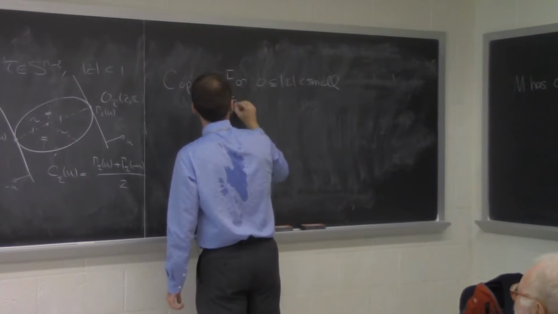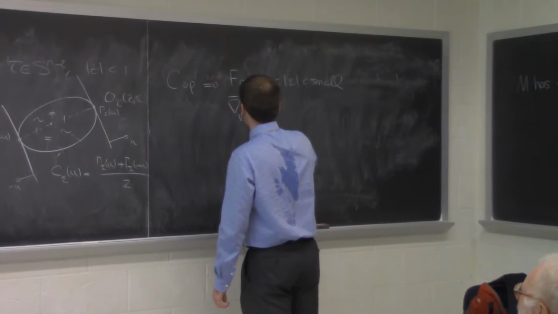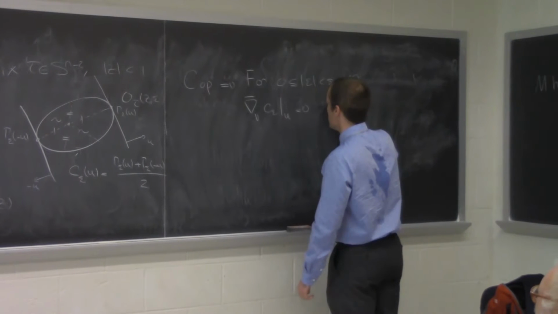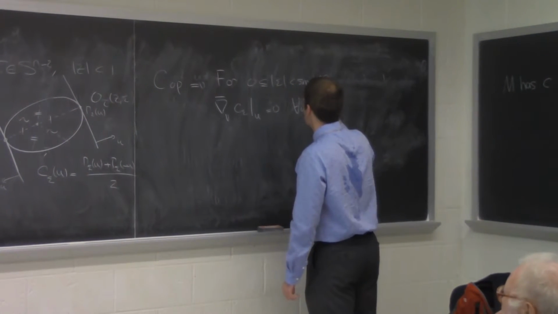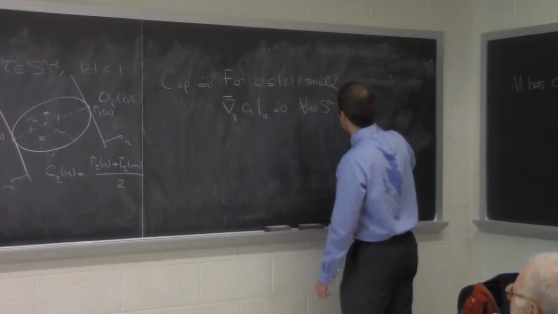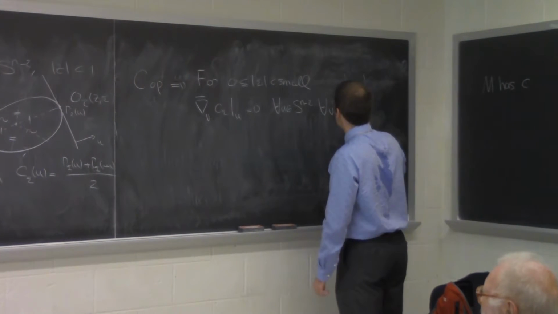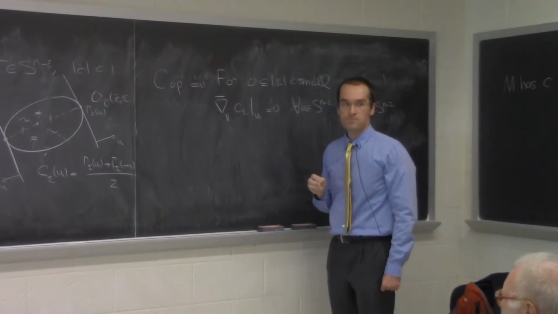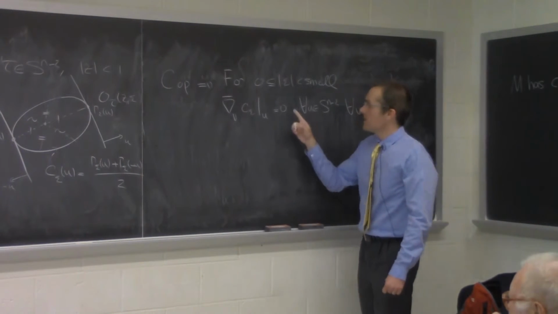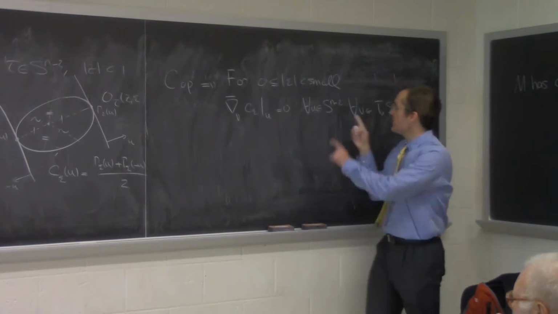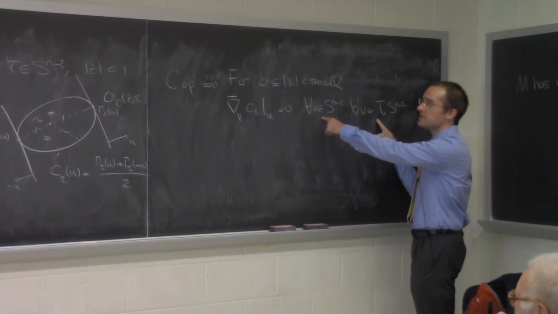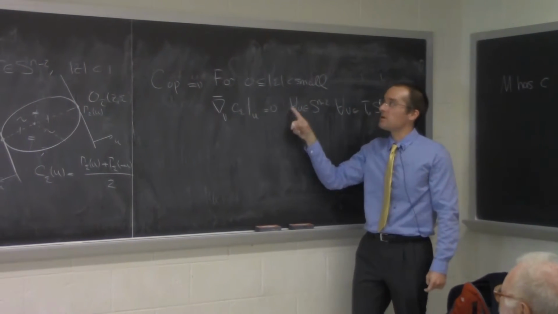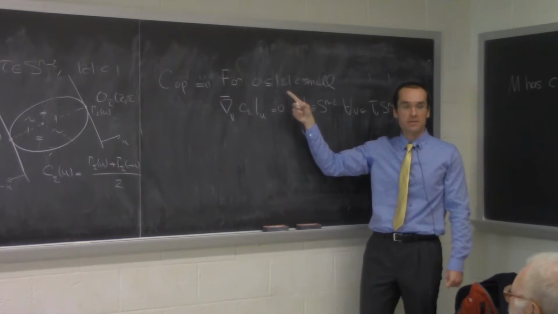But constancy implies that the directional derivatives, of course, are all 0 for all u on S^(n-2) and for all v direction, right? Well, once I fix u and v, this thing is 0 for all small enough epsilons, including at 0.